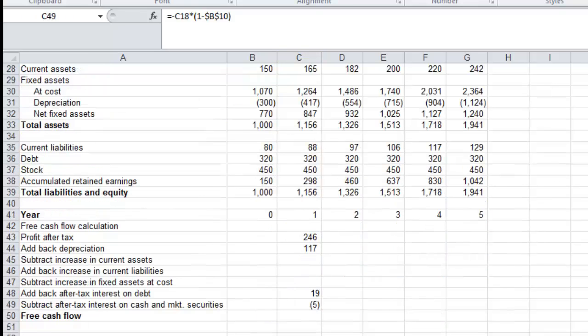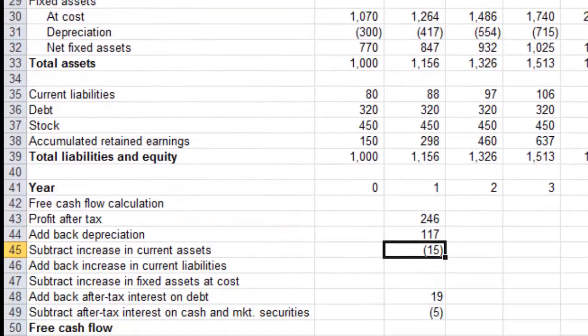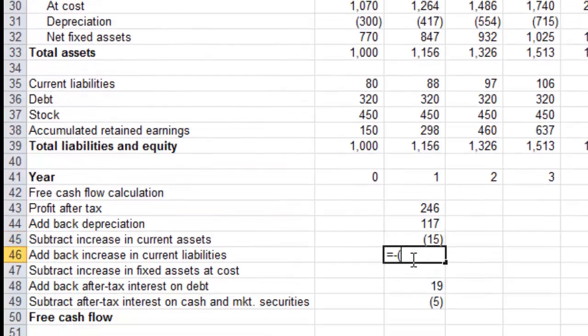A couple other things: the increase in current assets isn't an expense for tax purposes, but it is a cash drain on the company, so we need to subtract that, and also add back the increase in current liabilities, and finally subtract the increase in fixed assets at cost. So just make sure we get the signs right on everything. The profit after tax is a positive number. Add back in depreciation is positive.